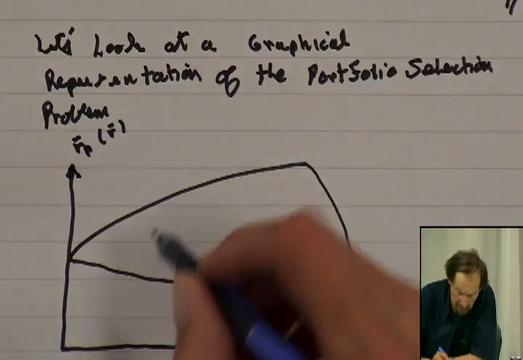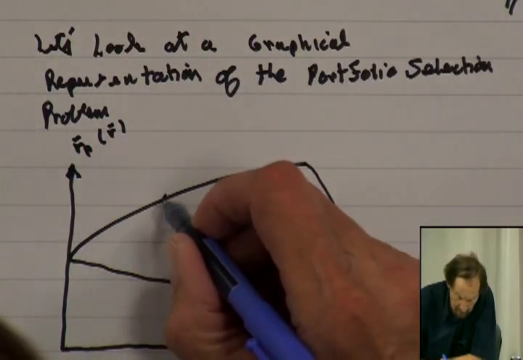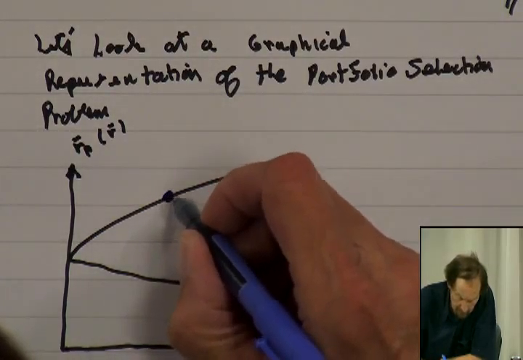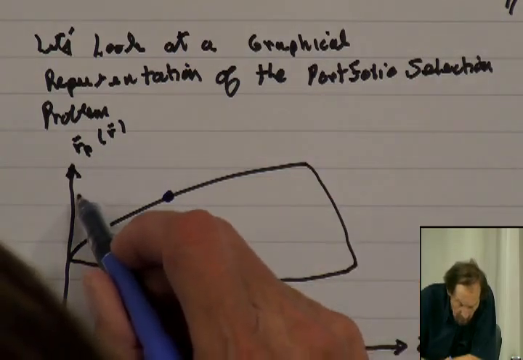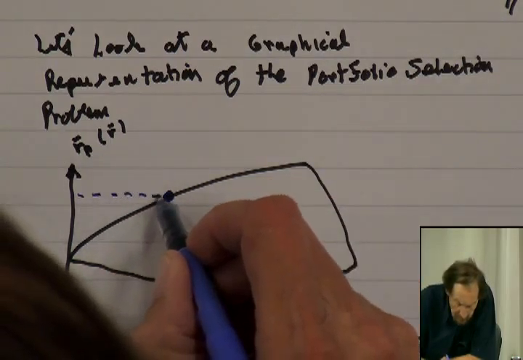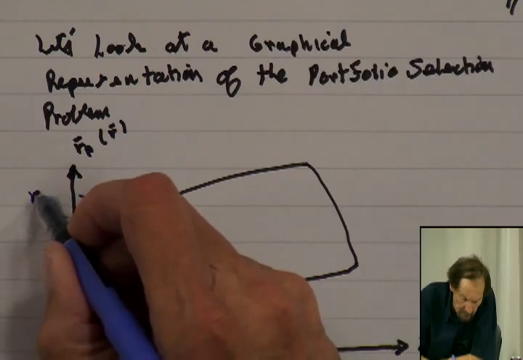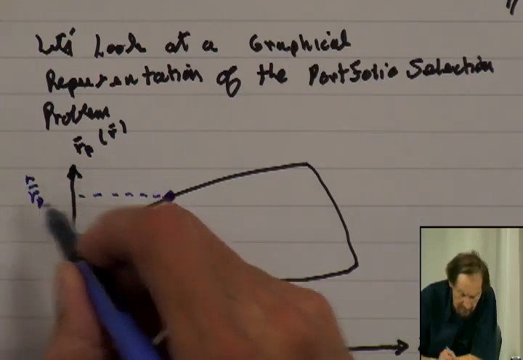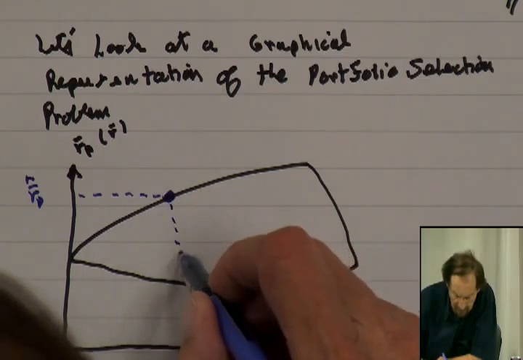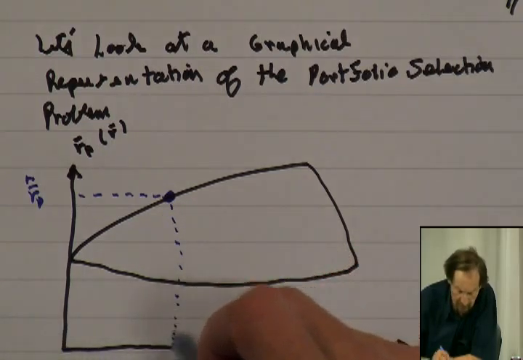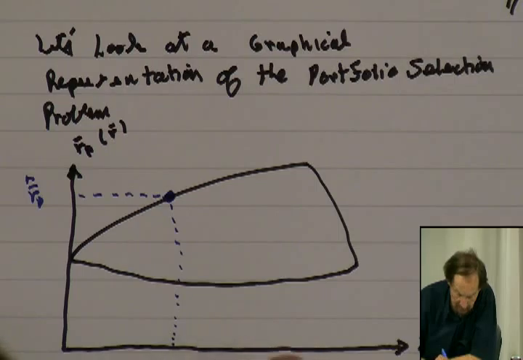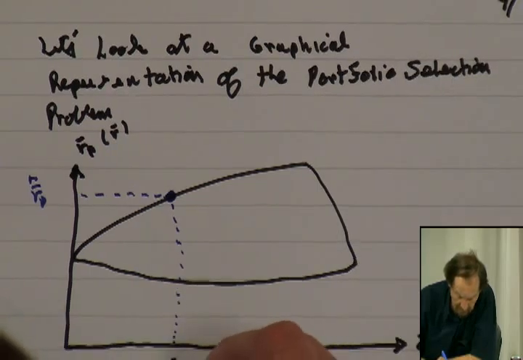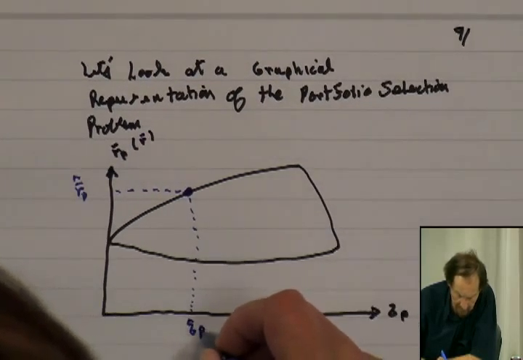Let's take a point on here, and we'll come across, we'll call this R bar hat P, and we'll come down here. That's not a very straight line, but bear with me, and we'll call this sigma hat P.